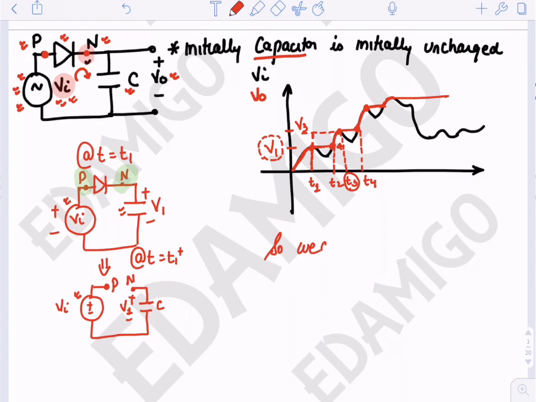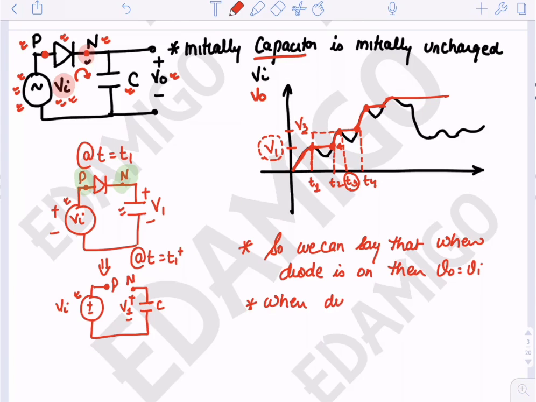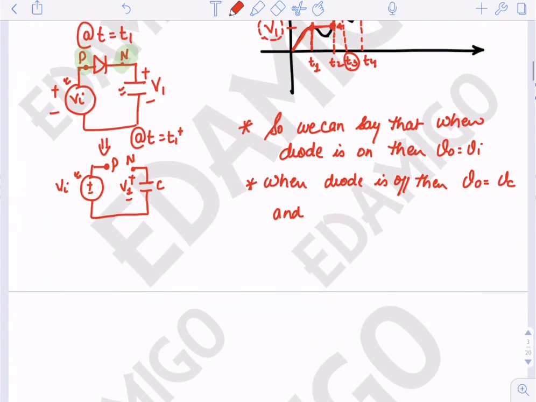So we can say that when the diode is on, the output equals the input, and the capacitor is getting charged with Vi volts. When the diode is off, the output equals the voltage across the capacitor, and the circuit is like this.